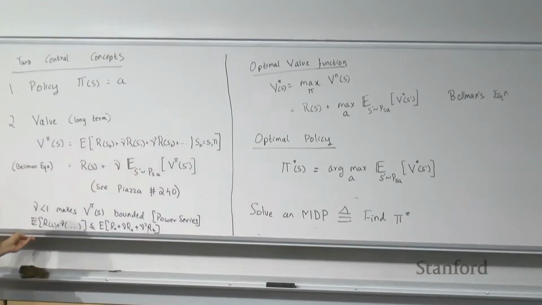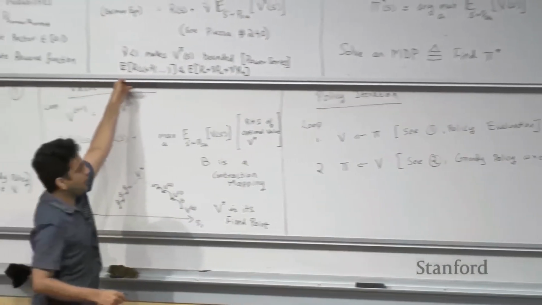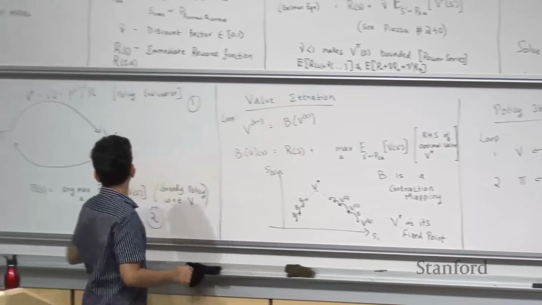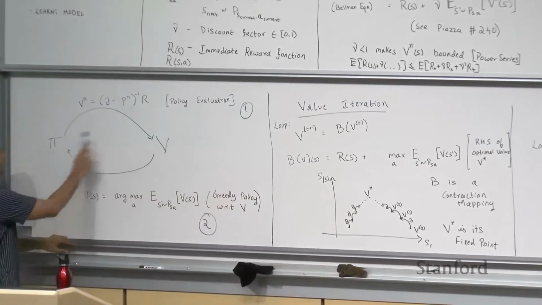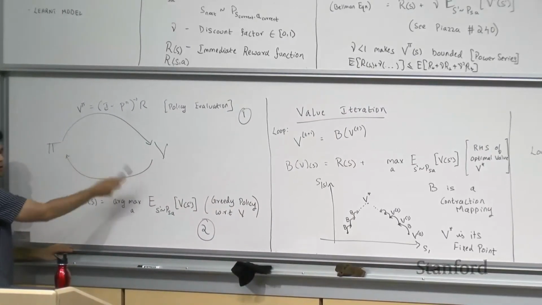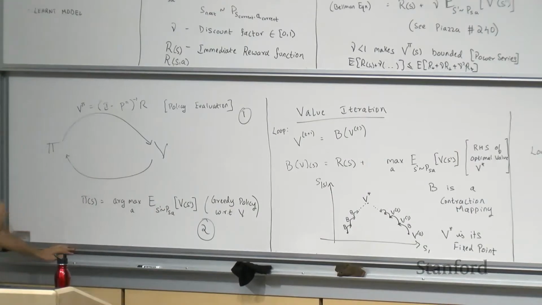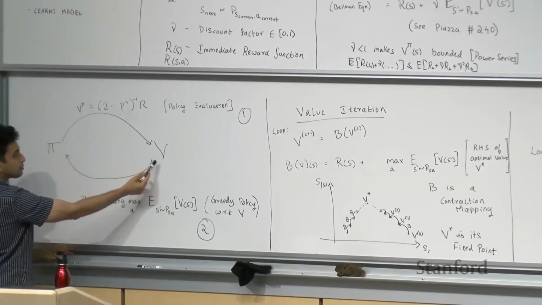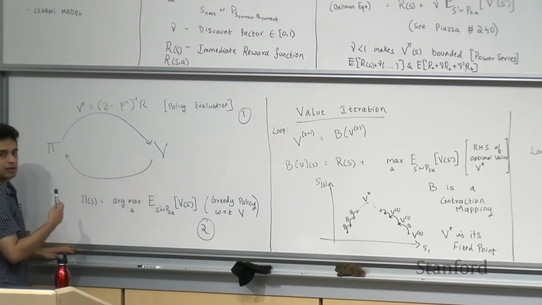Right? And then we saw the relation between policy and value, right? The policy and value have this intimate relationship where, given a policy pi, there is a corresponding value function that you achieve by just following that policy all the time.